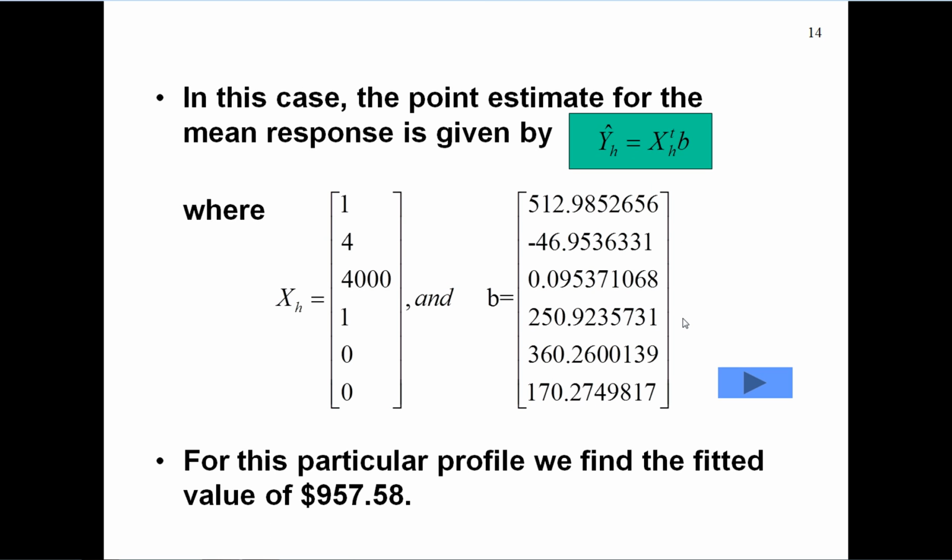So that's our point estimate for the mean response of a family of size 4 with $4,000 in debt, living in location 1.